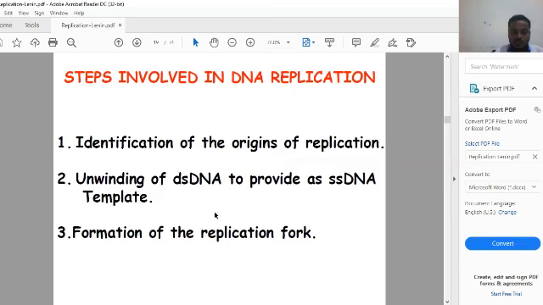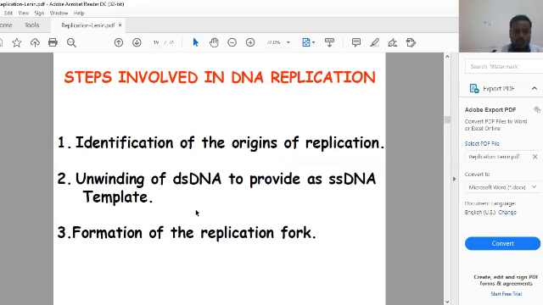Now the next topic is the steps involved in DNA replication. One is identification of the origin of replication. Then unwinding of the double-stranded DNA to provide a single-stranded DNA template, and formation of the replication fork.